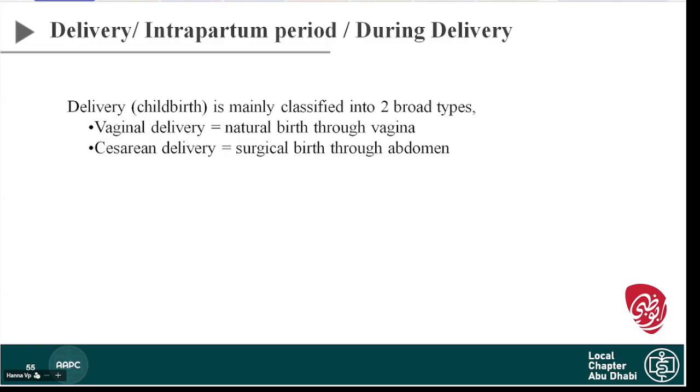Vaginal delivery we can consider as natural birth through the vagina. But C-section means if the baby was not delivered naturally, we will go with the C-section, surgical birth through the abdomen. So guys, in our CPT textbook, especially in the genitourinary system section, you can see all the codes related to delivery. Vaginal delivery codes, cesarean delivery codes.